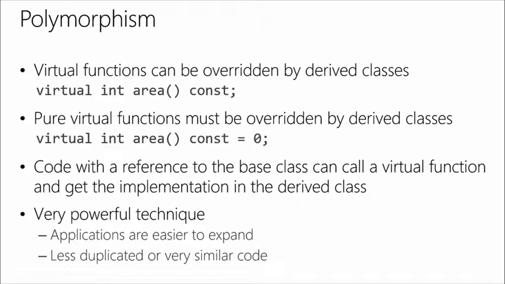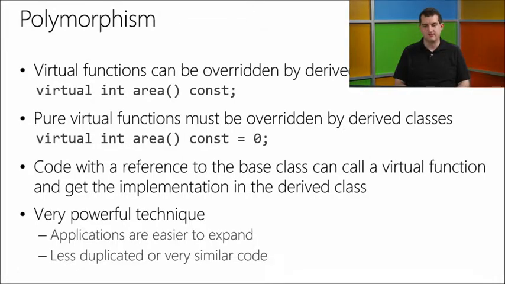These are often called interfaces. Some languages have a special interface keyword to allow interface inheritance to be special. In C++, that's not the case. We just have a base class. Sometimes it's prefixed with the capital letter I, which is common. But it's really just a base class with virtual functions. The fact that it has no data and no implemented member functions is not relevant.